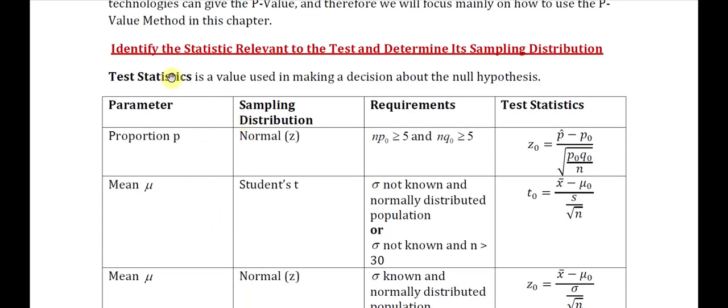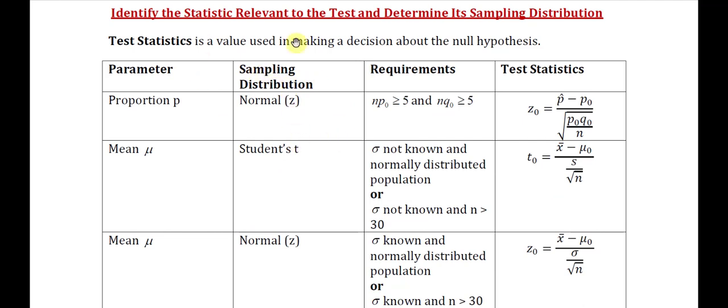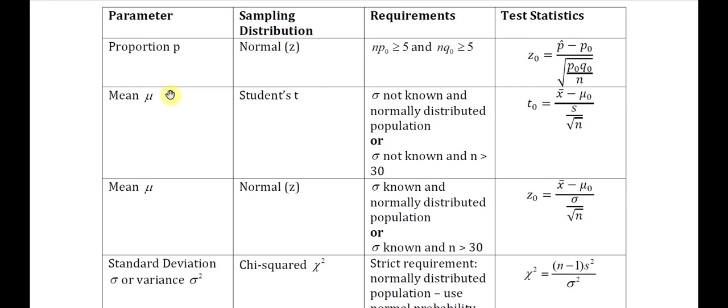Okay, so how do I identify the statistic that is required to test and determine the sampling distribution in the testing? Usually we have 3 parameters. We are testing something about the proportion p, the mean, or the standard deviation or the variance.